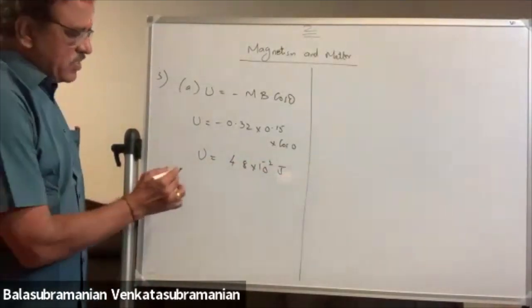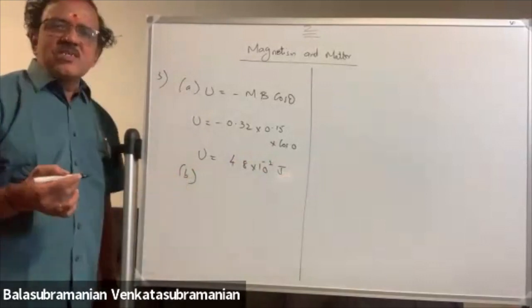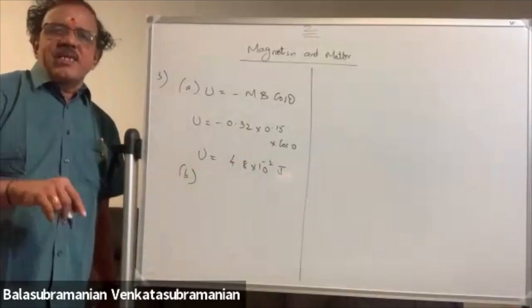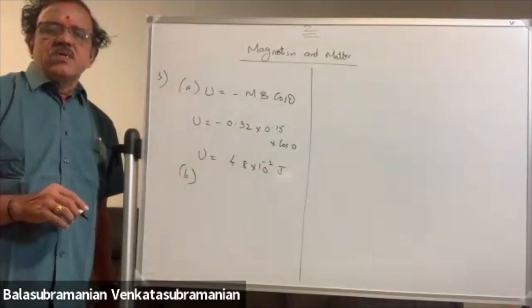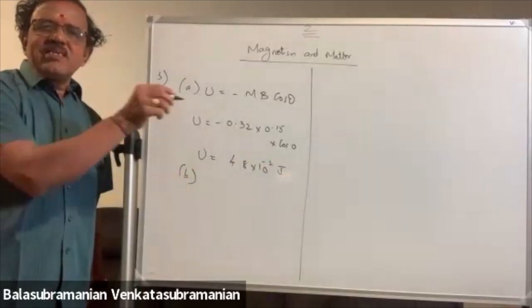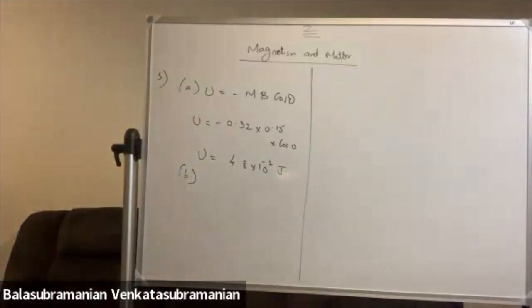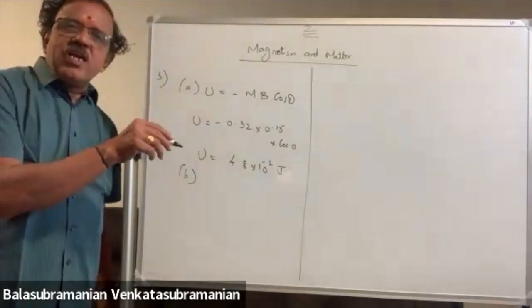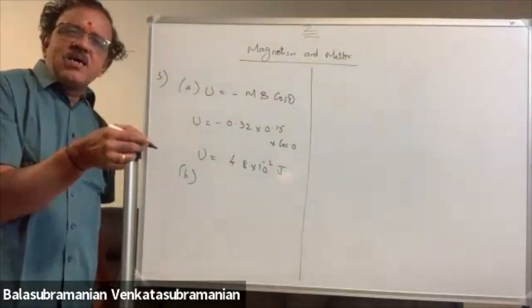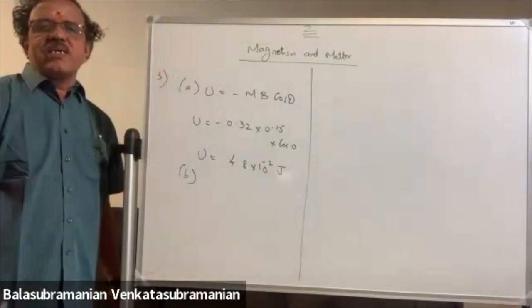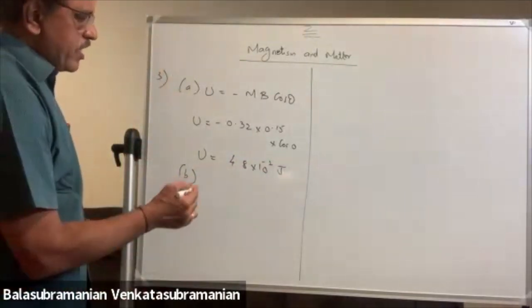Okay. Unstable equilibrium means it is aligned in the opposite direction. Aligned in the same direction means theta is 0. In that sense, the magnet is aligned along the magnetic field. Here the magnet is aligned in the opposite direction of the magnetic field. That is unstable equilibrium.